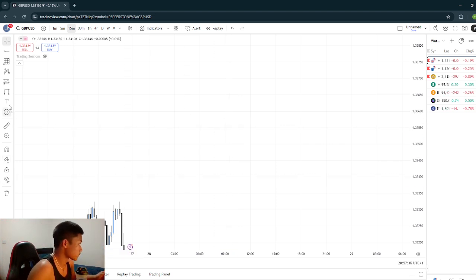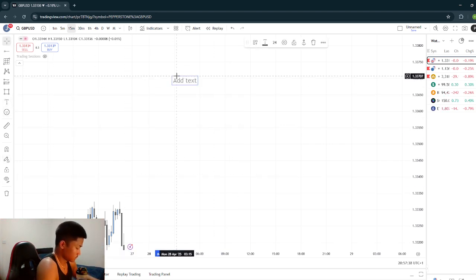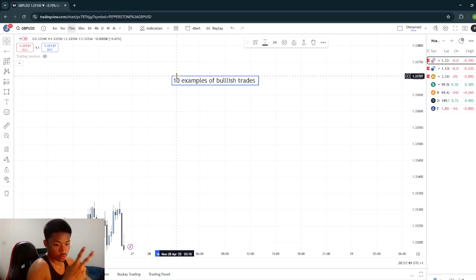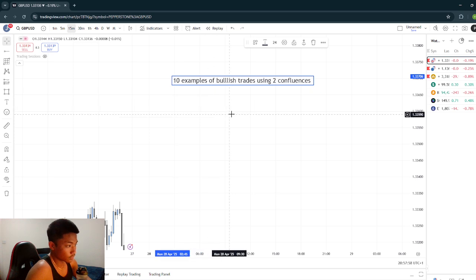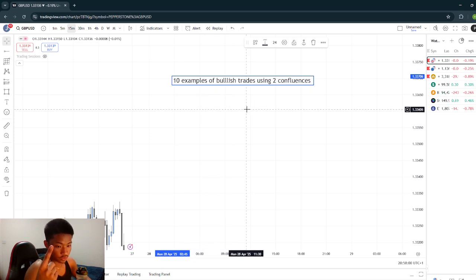I want 10 examples of bullish trades using two confluences. You can mix up the confluences, but liquidity sweep, breaker structure, they are mandatory.